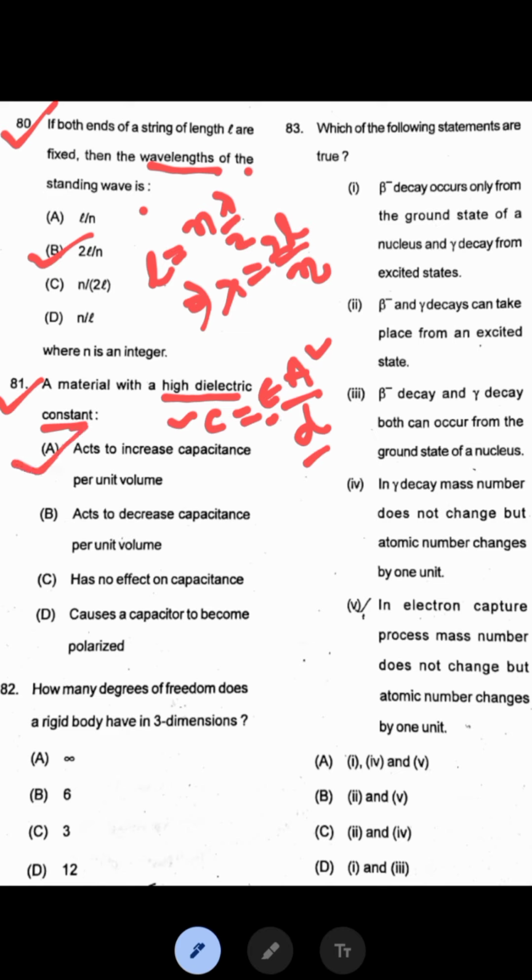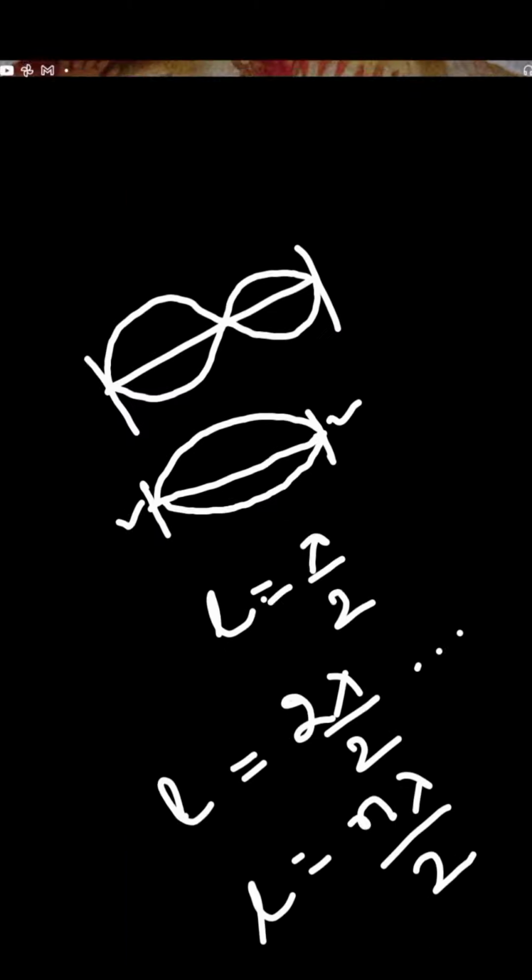Now in question number 82, how many degrees of freedom does a rigid body have in 3 dimensions? For a rigid body, the constraint is that the distance between two particles will always remain constant.